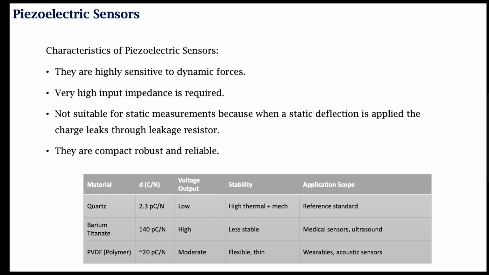So most common applications are in the fields of cardiopulmonary or heart sound recording, for example. And they are used as ultrasound transducers. Wearable or fabric or textile-based sensors using PVDF, for example, are now a hot topic of research.